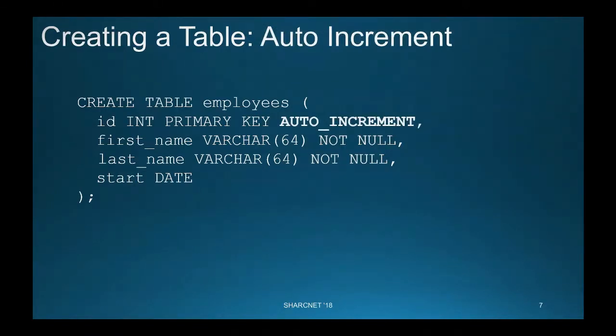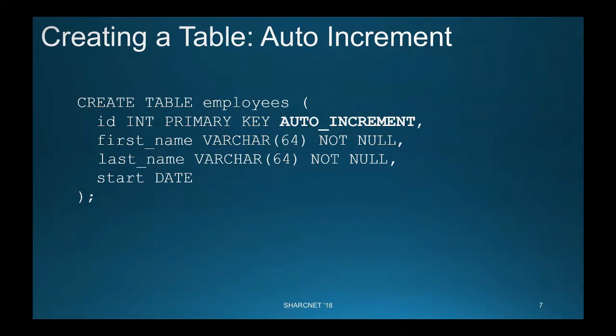The last constraint is the auto increment. We've put it here on top of primary key, so you can have multiple constraints as seen by the ID column. So ID, integer, it's still a primary key, but now it's auto increment.